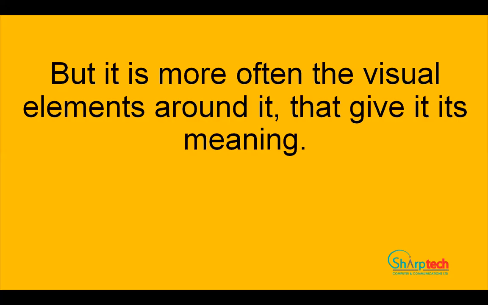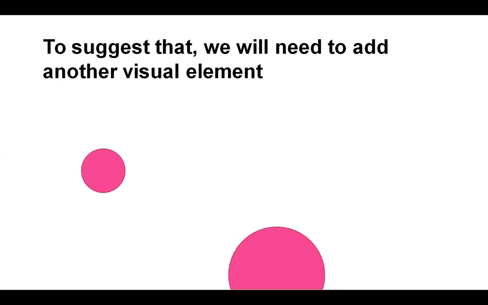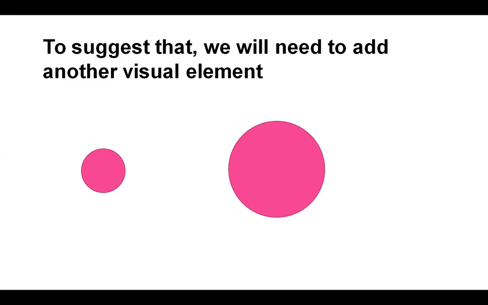So we come back to this and we say it is more often the visual elements around it that give it its meaning. Because we are having these two elements now, and this one is within the same area with this one, this one gives this one its true meaning.